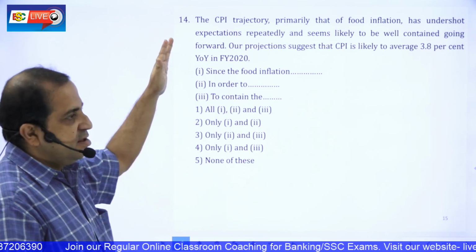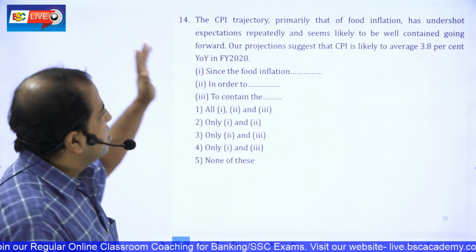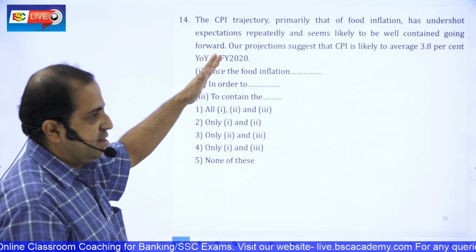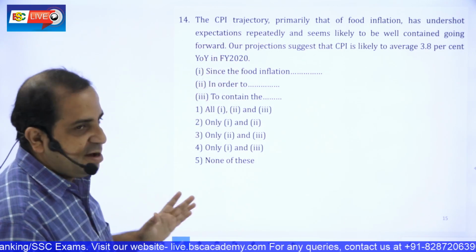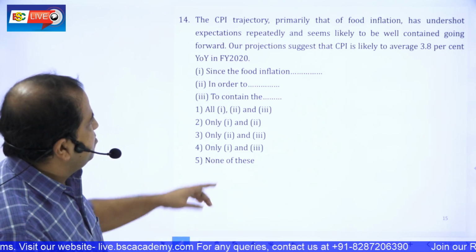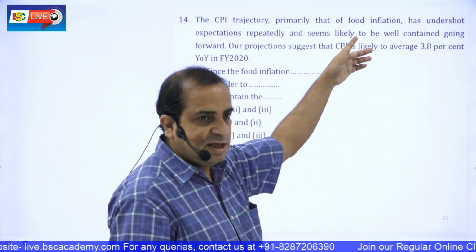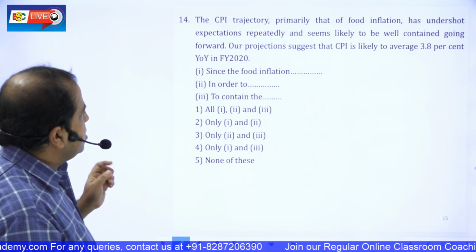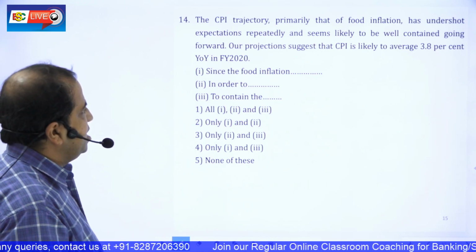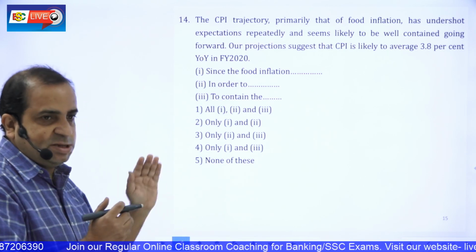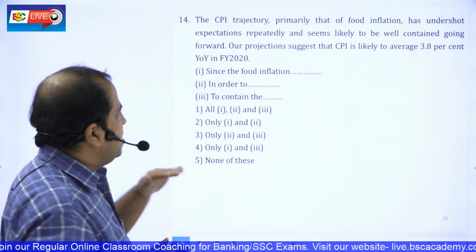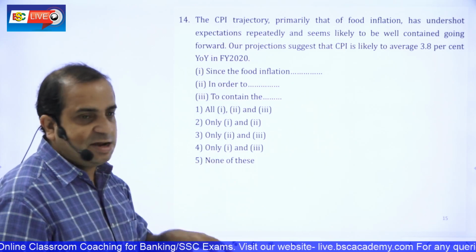CPI क्या हुआ? Not Communist Party of India. CPI, Consumer Price Index. ये जो या inflation, sorry, Consumer Price Inflation. So the CPI trajectory, उसका जो primarily that of food inflation, उसमें mainly क्या आता है? Food inflation has undershot expectations repeatedly and seems likely to be well contained going forward. Undershot expectation, जितना expectation है उससे नीचे ही रह रहा है, and seems likely to be well contained going forward.